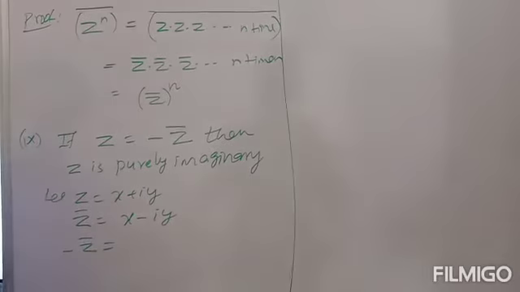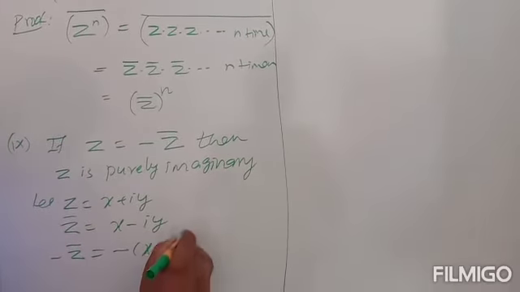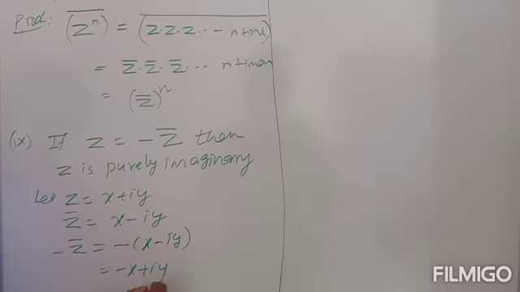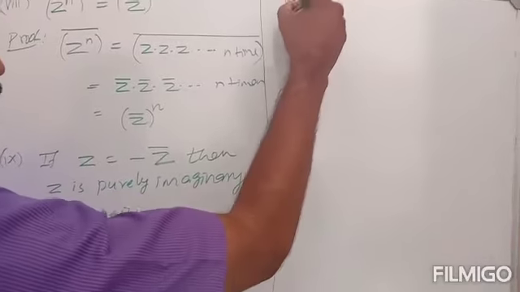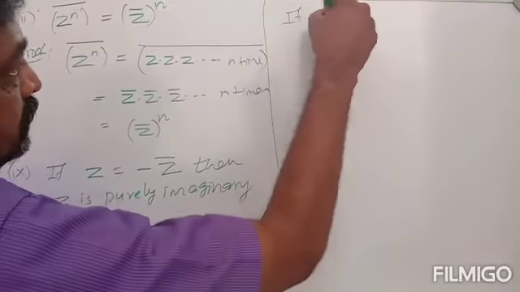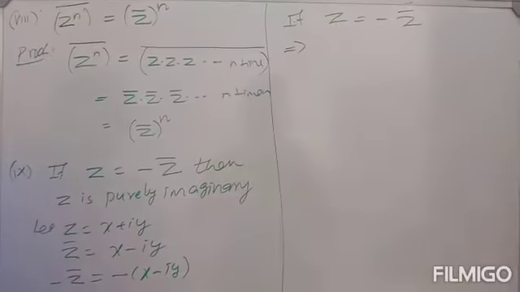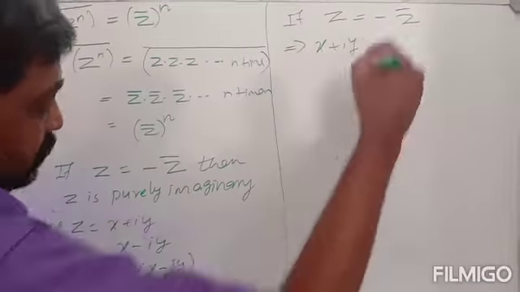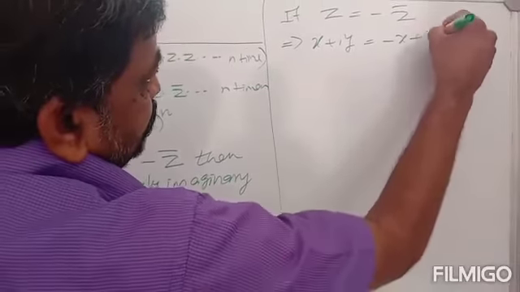Minus z bar is equal to minus of x minus iy, that is equal to minus x plus iy. But now if z equal to minus z bar, this implies x plus iy equal to minus x plus iy.